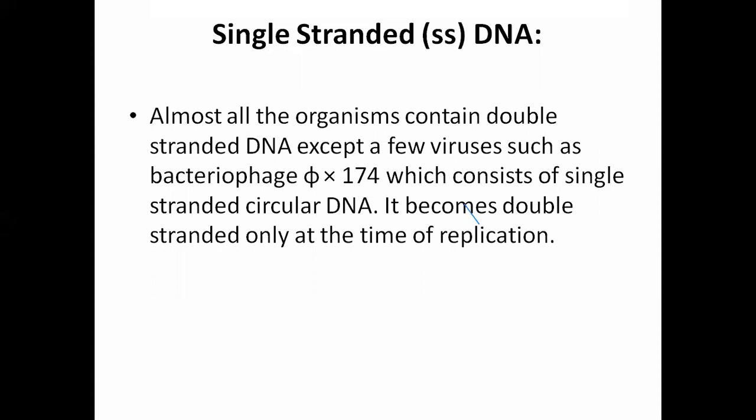Then Watson and Crick's double helical model of DNA. The typical form is BDNA. BDNA is right-handed, whereas ZDNA is left-handed. BDNA, ADNA, CDNA, and DDNA are right-handed, whereas ZDNA is left-handed.